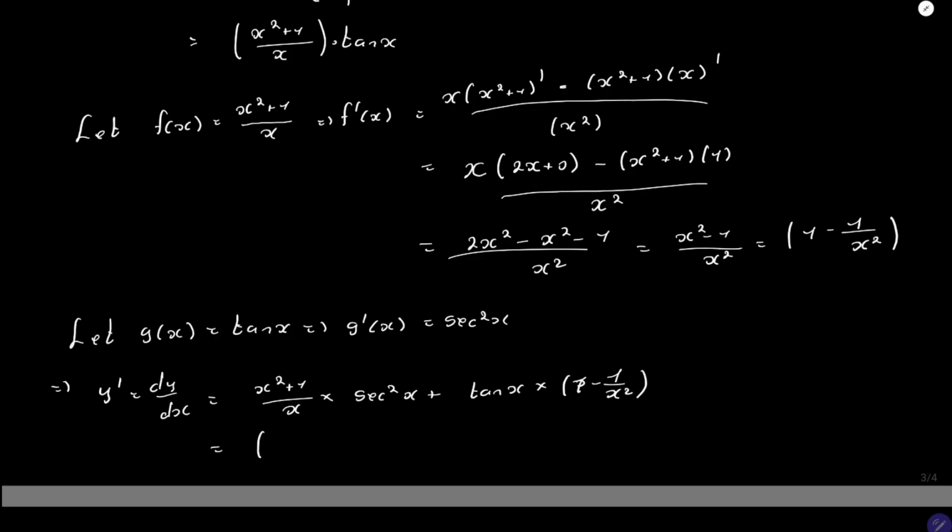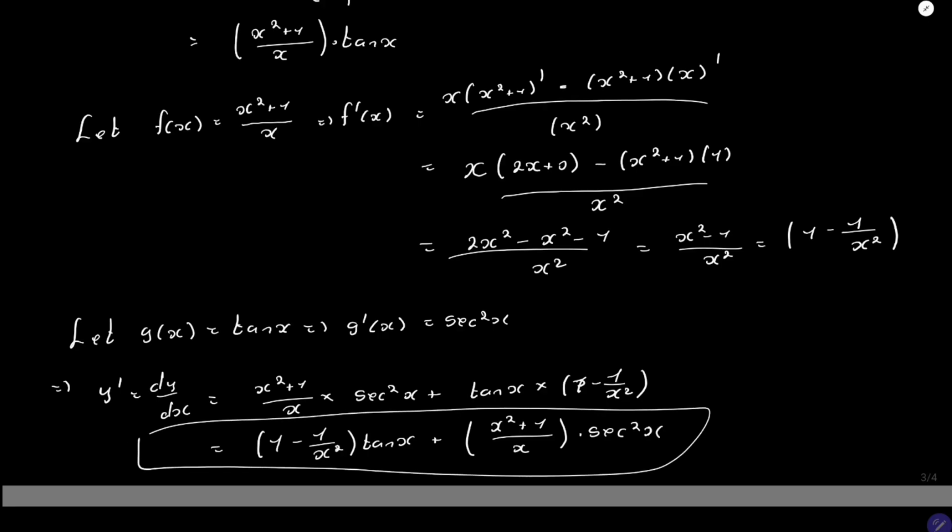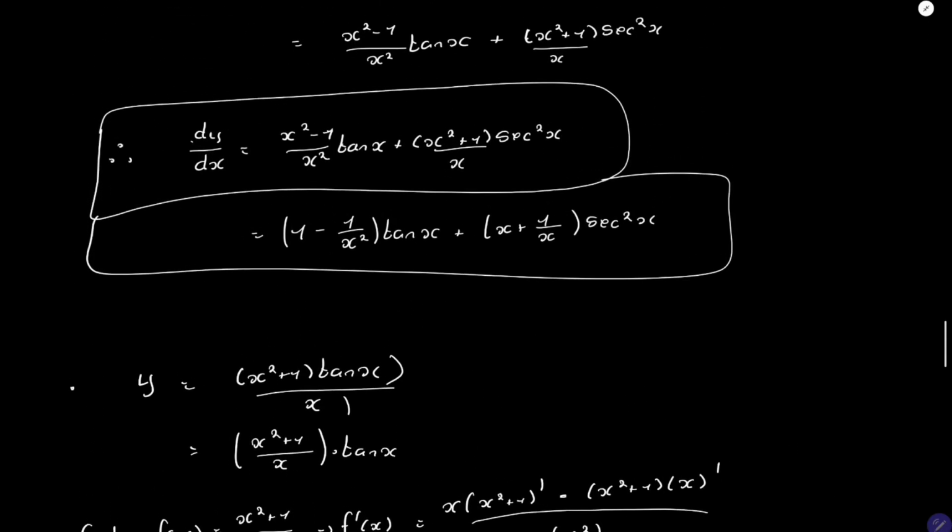And this still simplifies to (1 minus 1 on x squared) tan x plus (x plus 1 on x) sec squared x. And this gives us the same answer as we have above.